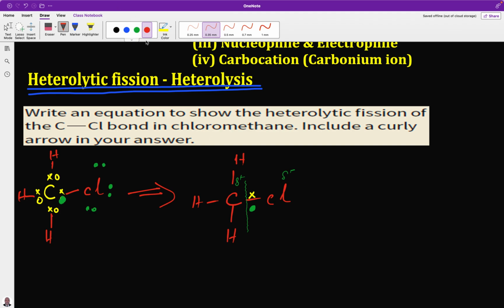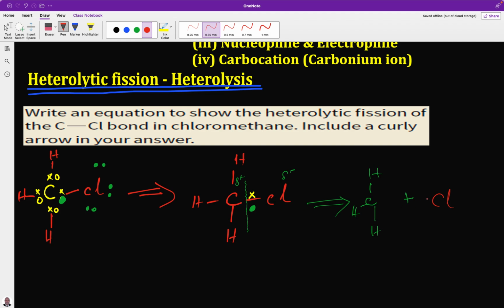The result is this. The carbon atom, then the chlorine atom. This chlorine goes with what?